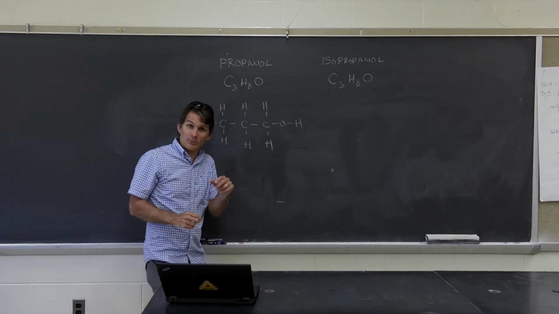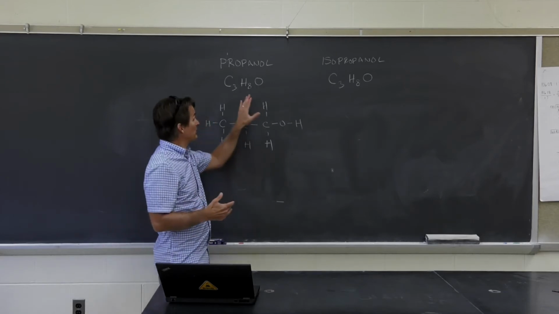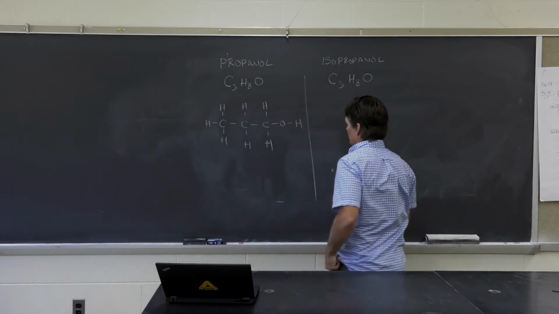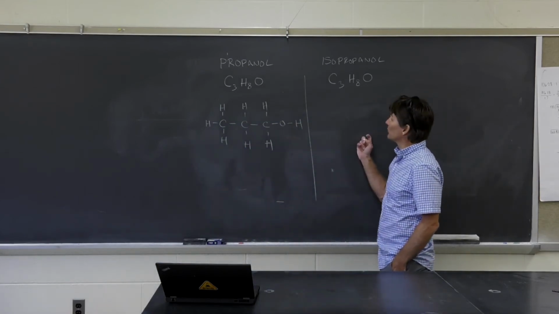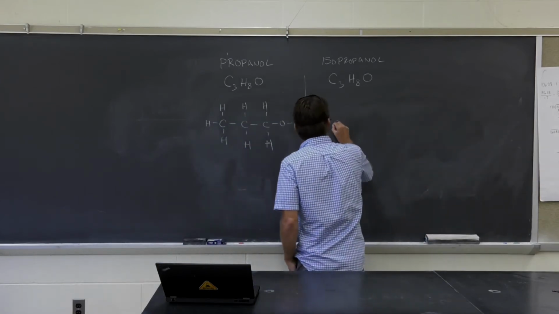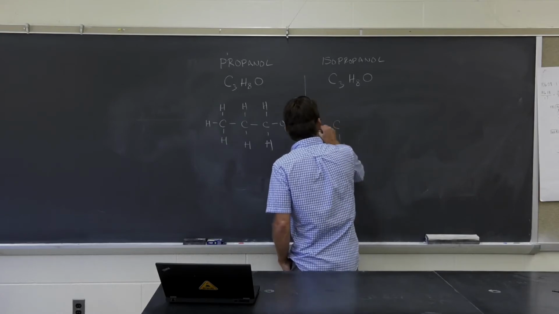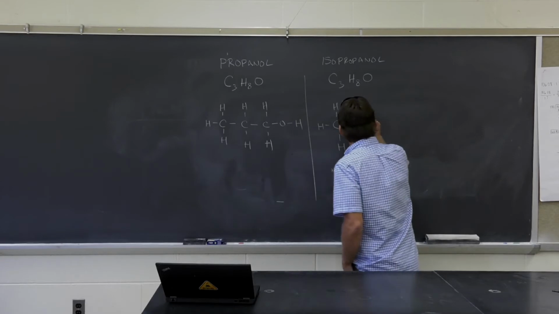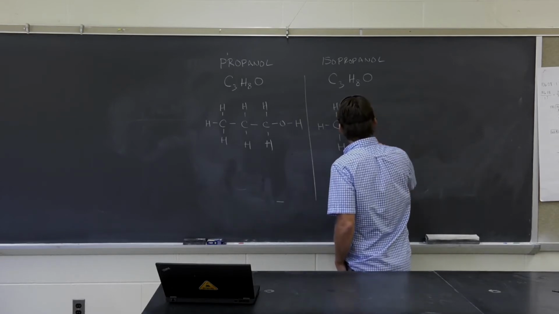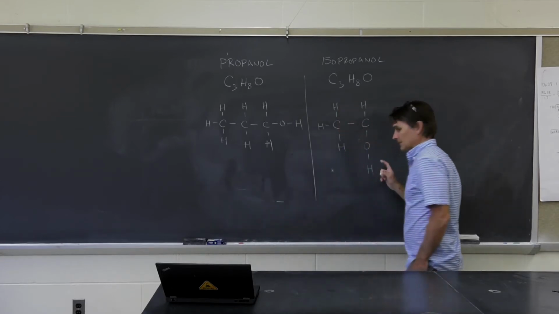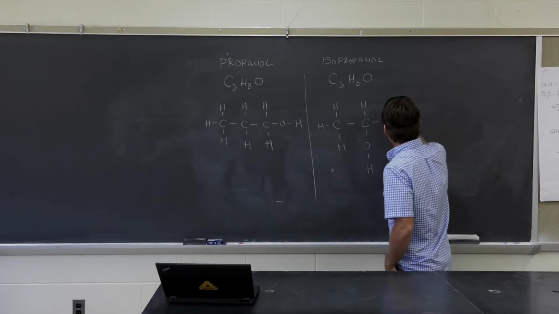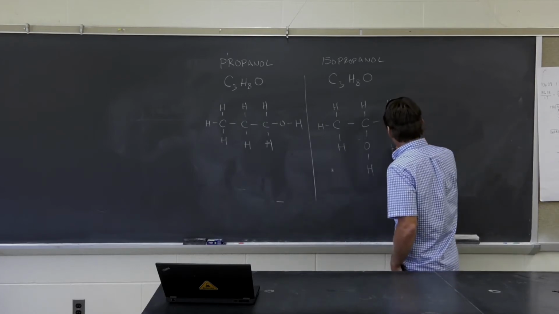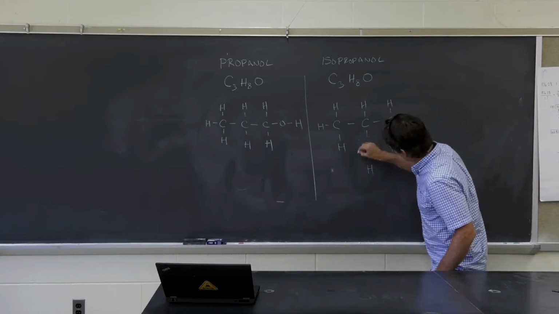The structural formula is going to allow us to see the difference between this molecule and this one. I hope you can see it. So here, I'll draw the structural formula for isopropanol. So far, everything's the same. Here's where it gets different. In this case, we call this an OH group.